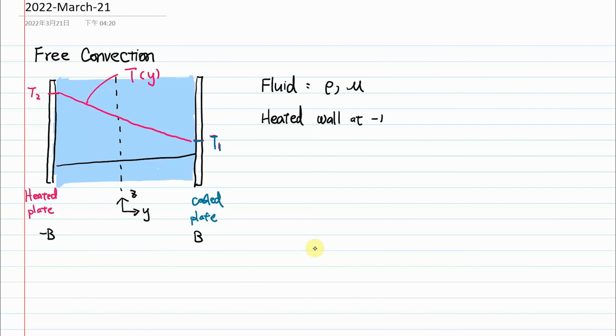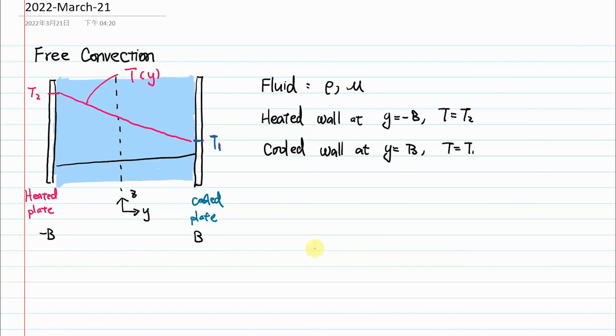At the heated wall, at y equals negative b, we have T equals T2, and we have a cooled wall at y equals b, where we have T equals T1.